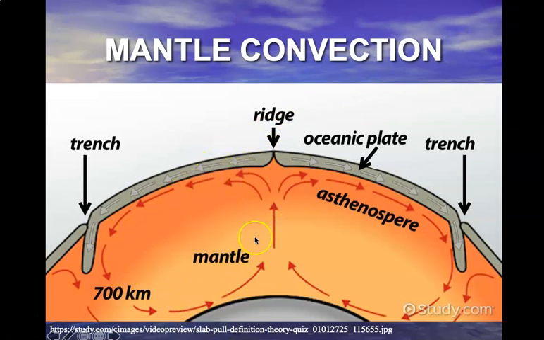Remember that cell we were talking about, the current? That is a wheel on a conveyor belt. And that conveyor belt wheel is moving this plate in this direction. I usually draw much smaller convection cells to make it even look more like a conveyor belt. Imagine several smaller convection cells within here.